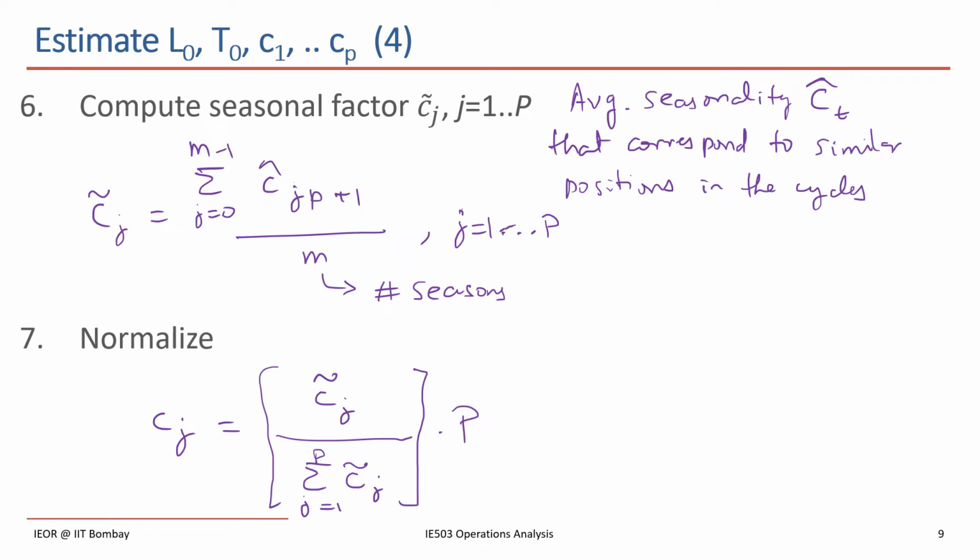So that will give us the seasonal components. This is for all j equal to 1 to p. So finally, we'll get these cj values, which correspond to the seasonal component that we want. So at the end of this 7-step process, we'll have initialized and got our values of L0, T0, C1, etc., up to Cp. So this is to initialize the model.